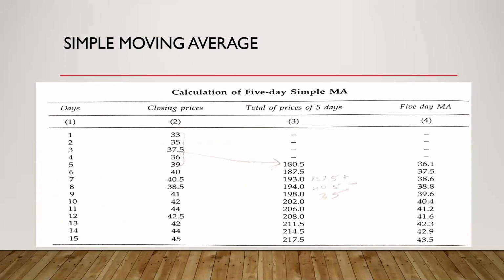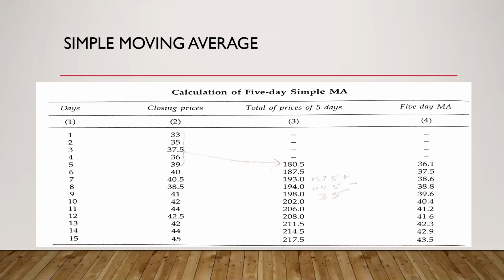Now if you want to find out the 5-day simple moving average of the next day, we eliminate the first price and add a new price. That is 35 plus 37.5 plus 36 plus 39 plus 40, which gives you 187.5 as shown in the third column. That divided by 5 gives you 37.5 as shown in the fourth column.